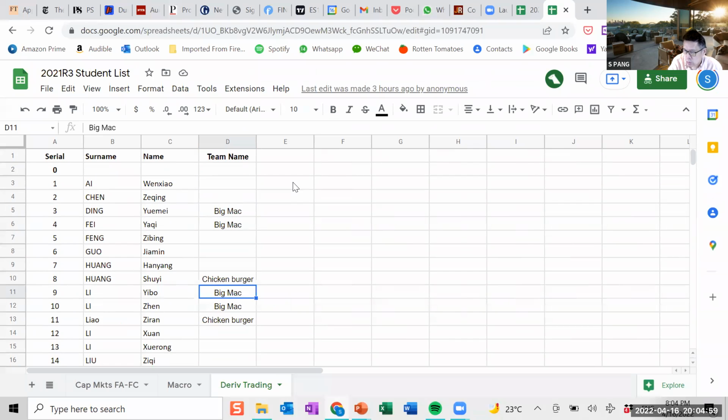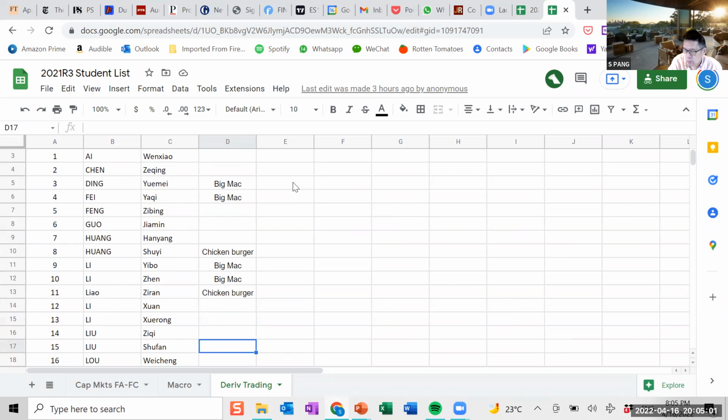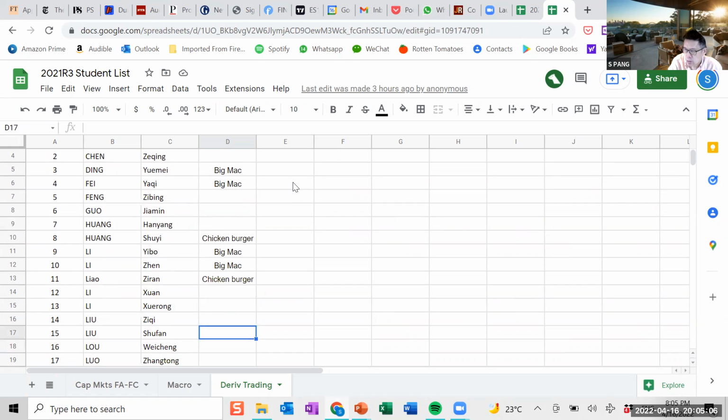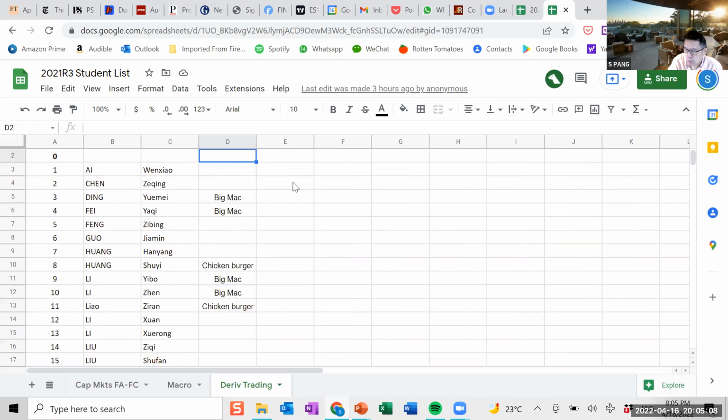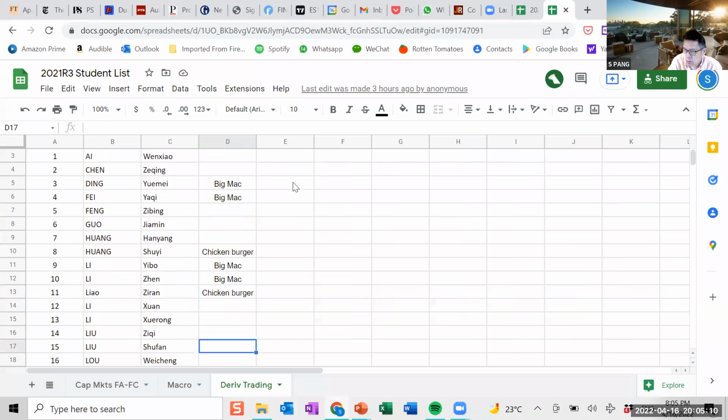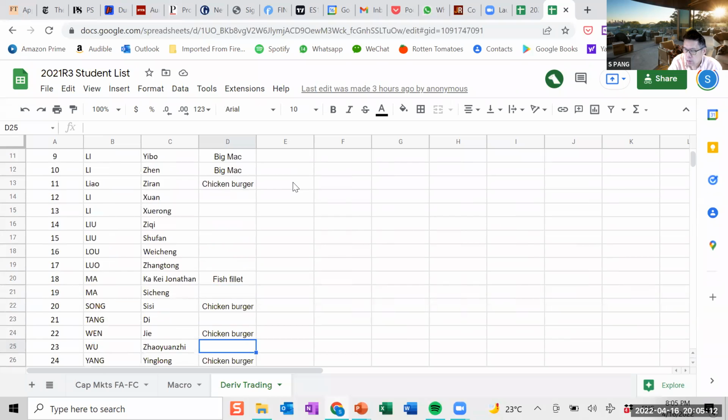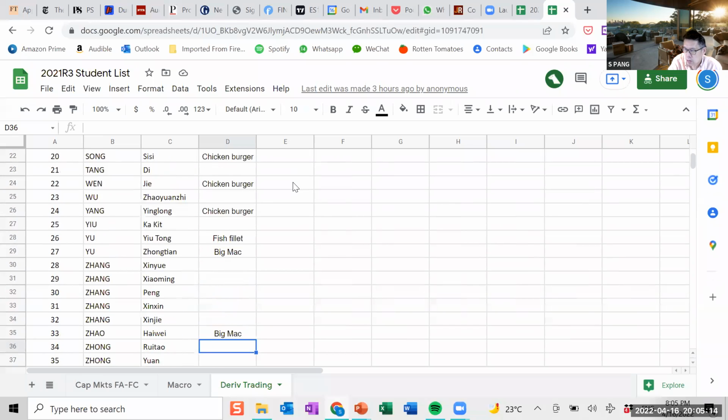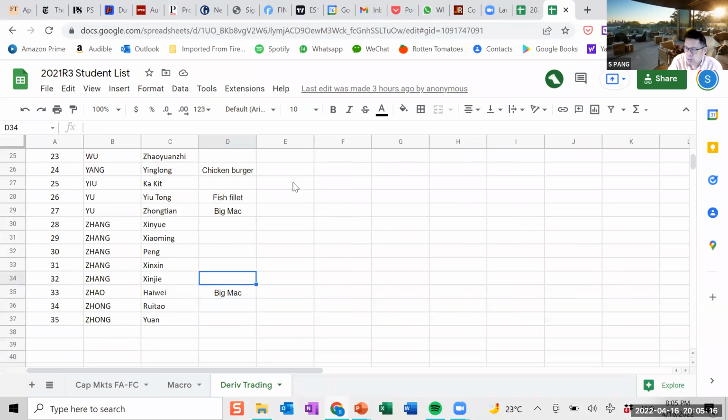These are all to do with some American junk fast food. There's Big Mac, chicken burger, and fish fillet. Okay, I get that. But those of you who have not formed a team, you need to do that ASAP.